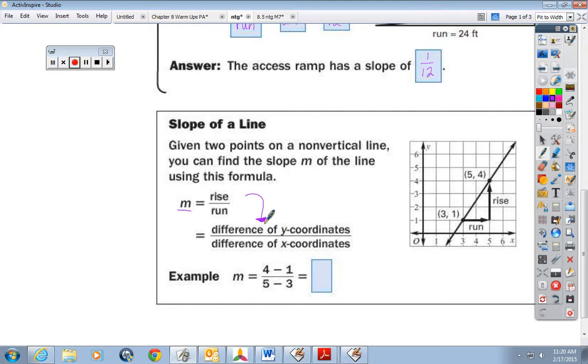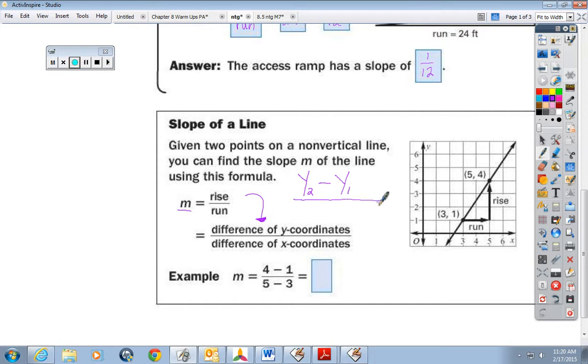It's not going to make sense right now, but I think after we work some problems it will. We're going to take the second y coordinate, which I'm going to refer to as y2, and we are going to subtract it from the first y coordinate, which I'm going to refer to as y1. And then that is my numerator.